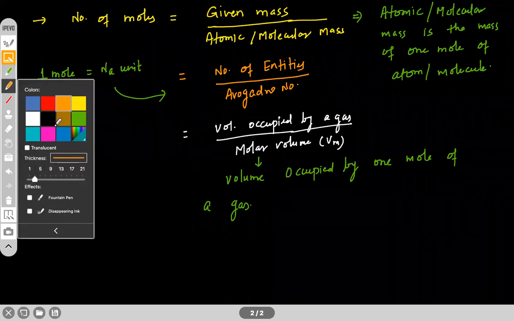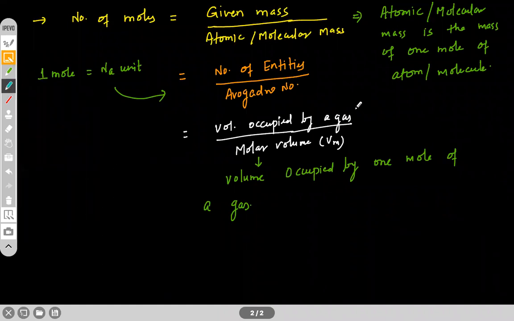One more thing you see, this formula is true or correct at STP only. So we can only use this formula for gases at STP.